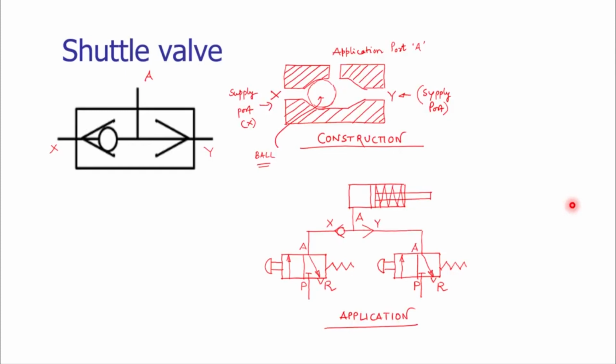When we want to actuate an actuator, say a single acting cylinder or double acting cylinder, by using two different valves, then a shuttle valve is used.